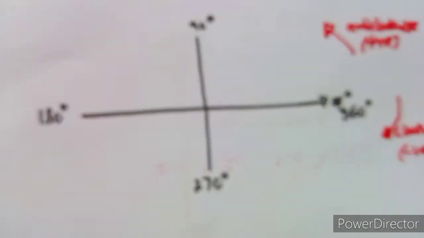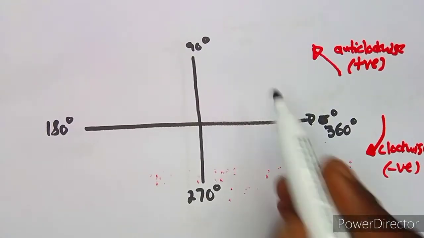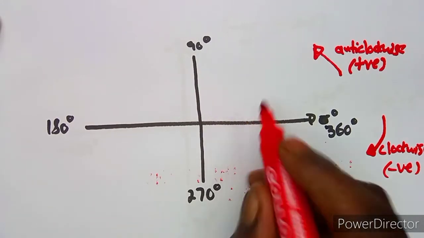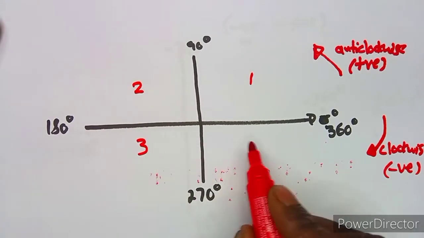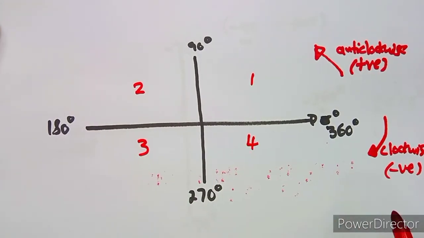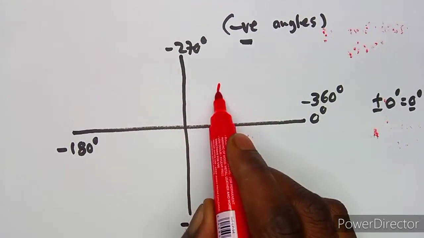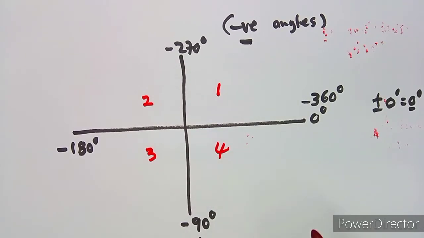So which means if someone is representing, also take note about the quadrants. I told you that this is the first quadrant. Remember that we've got the first quadrant, the second quadrant, the third quadrant, and the fourth quadrant. So that is the same thing that we are having in this case. Still, this is your first, this is your second, this is your third, this is your fourth.